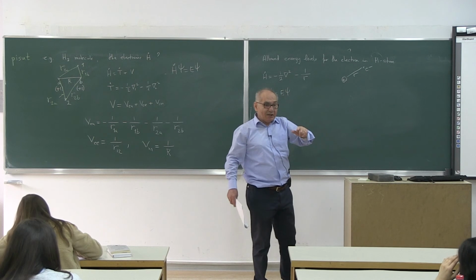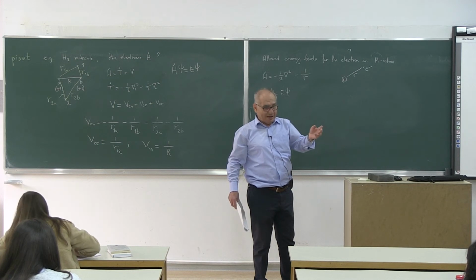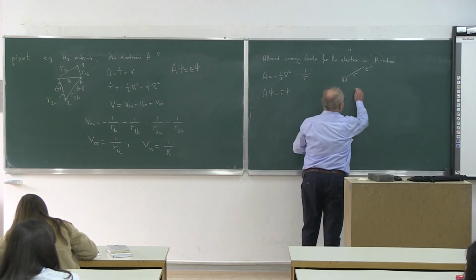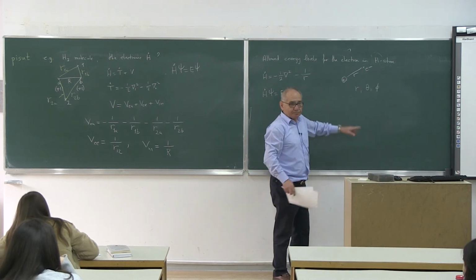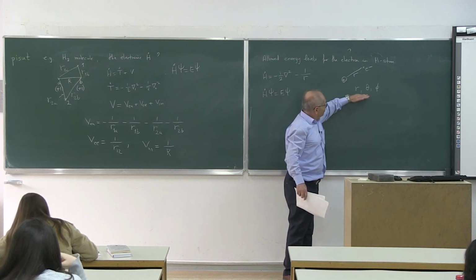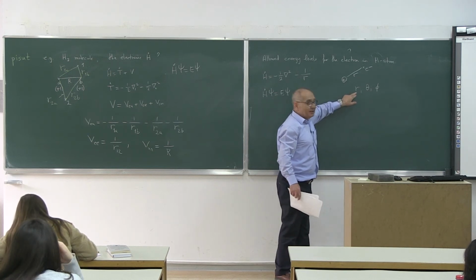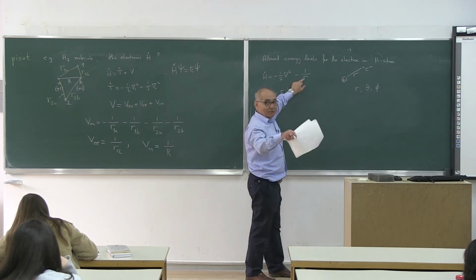On the other hand, we can also use, for example, polar type variables. Again, three variables, r, theta, and phi. When we use r, theta, and phi, r is one of the independent variables. In that case, this r is directly one of the variables.